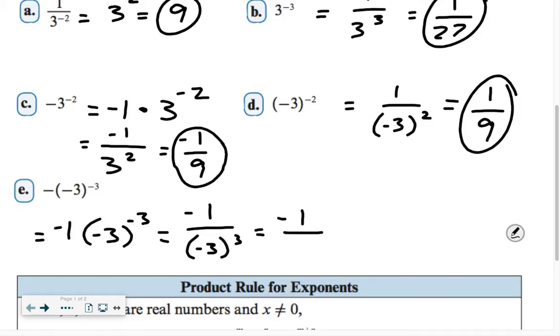Negative 3 cubed. Negative 27. Negative 3 times negative 3 is 9, but when we take that positive 9 times negative 3, it again makes it negative. A lot of students will give me this for an answer. It's okay, but understand 2 negatives are positive, so go ahead and give me a 1 over 27.